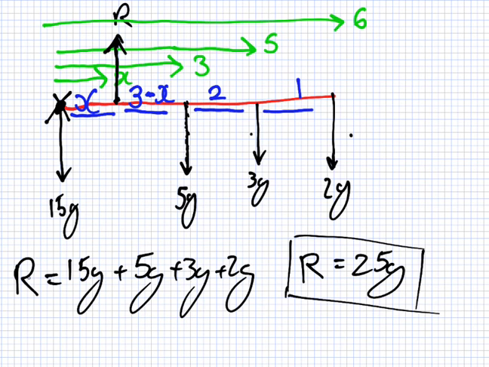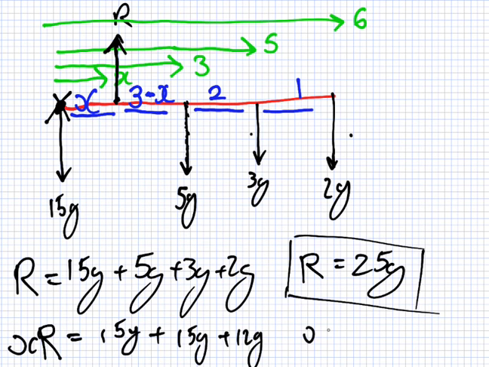So I take moments about this point: x times R equals 3 multiplied by 5G, so that's 15G, plus 5 multiplied by 3G, so that's 15G, plus 6 multiplied by 2G, 12G.